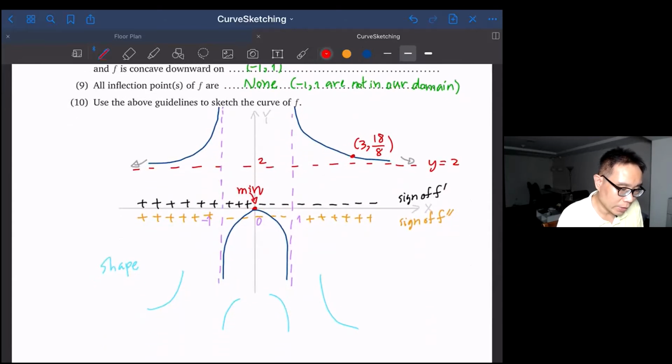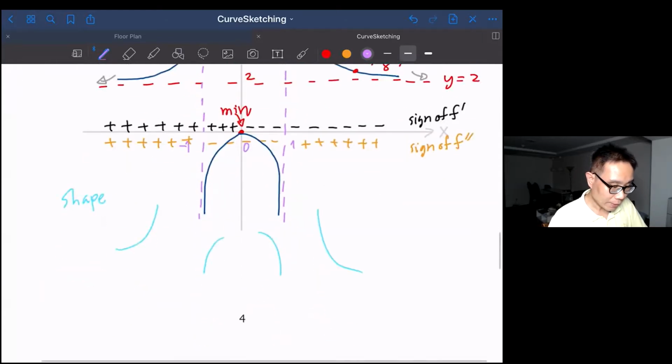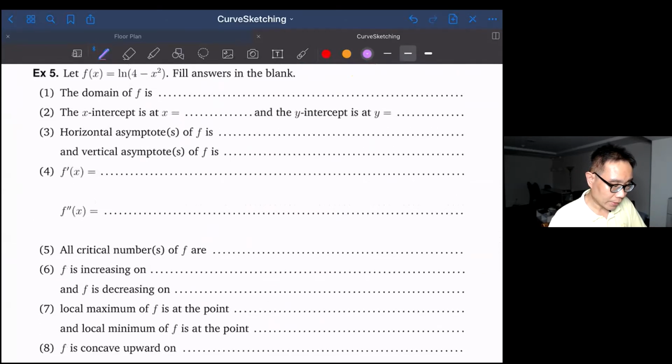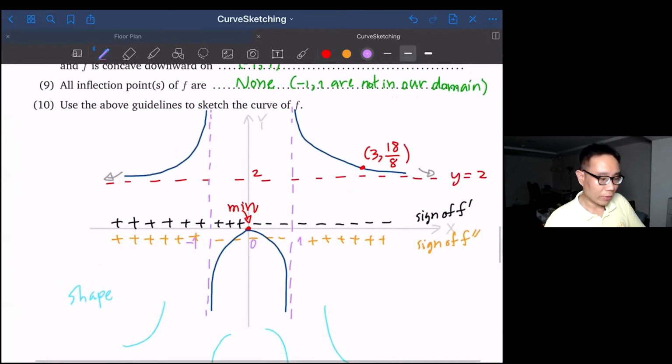And this will be a point above the line y equal to 2, and that gives you a guideline to know that it's going to be above this line. Okay, and this is the whole graph that we have, showing f, f prime, and f double prime. So this is the whole picture of this one.